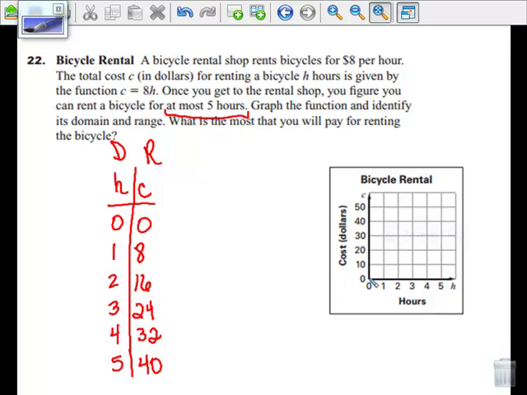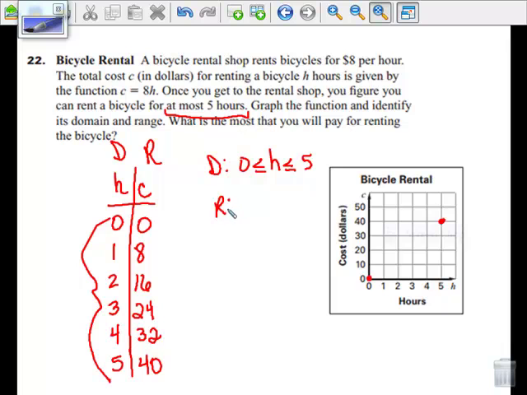So when we graph these, now technically you only have to graph 2 points for a line, a ray, or a segment. So I'm going to go ahead and graph the 0, 0, and I'm going to graph the 5, 40. Since I'm locked in to 0, from 0 to 5 hours, I can do it at most 5 hours, my domain is 0 is less than or equal to h is less than or equal to 5.